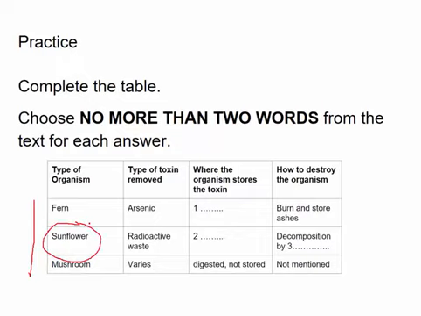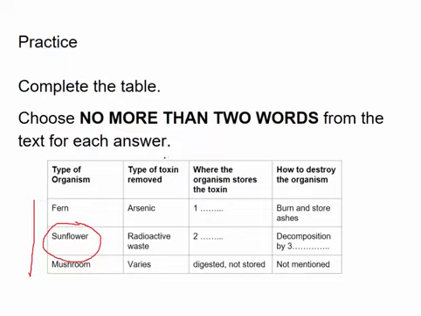I think it should stand out among the other words, and it's not a type of organism that's mentioned all the way throughout the article. There's a specific section that mentions this particular flower, so that's a really helpful thing to help you go scan for information. So this information along the left side here is really information that will help you figure out where to look in the text.